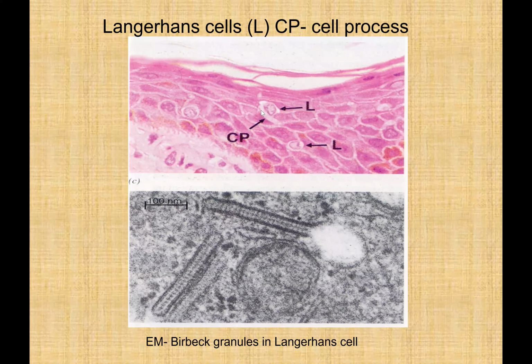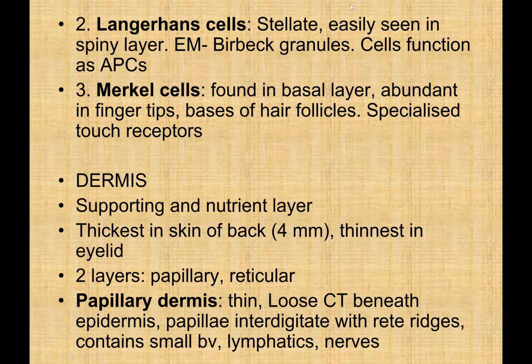So this Langerhans cell is having its processes extending, so we call them the cell processes. As I said, the Langerhans cells are stellate cells, usually easily seen in the spiny layer, the stratum spinosum.